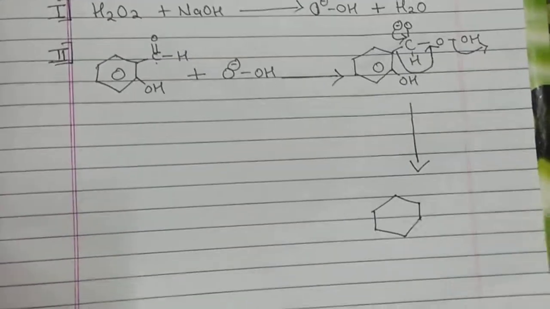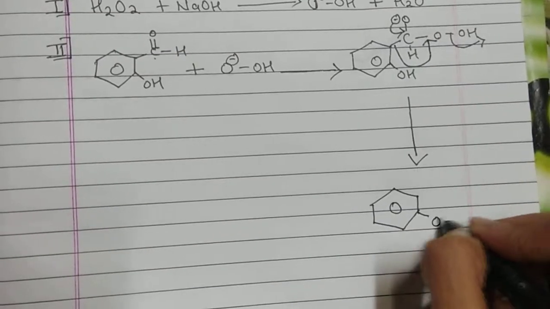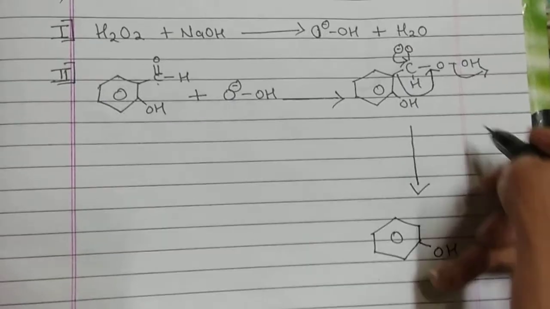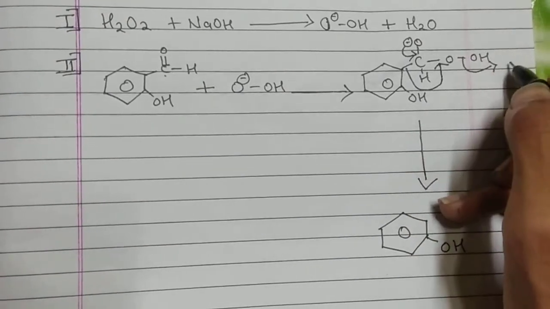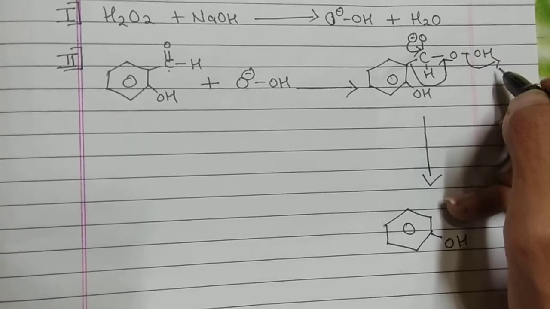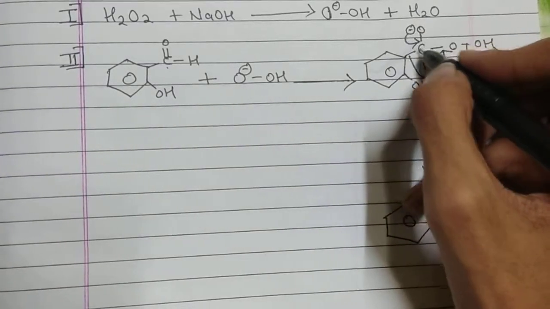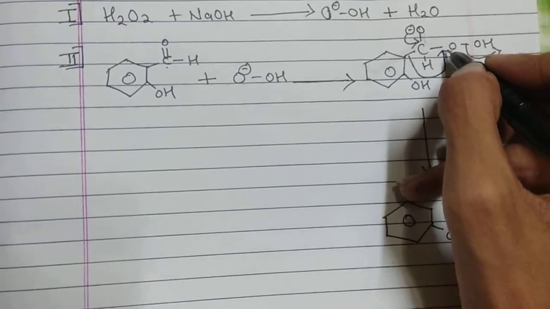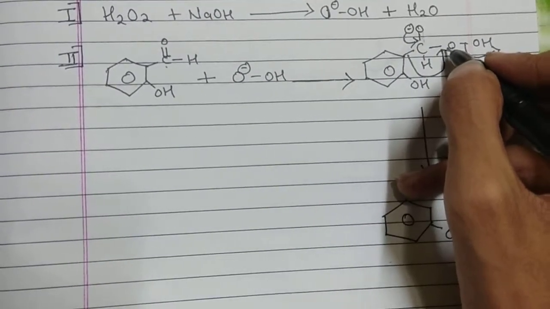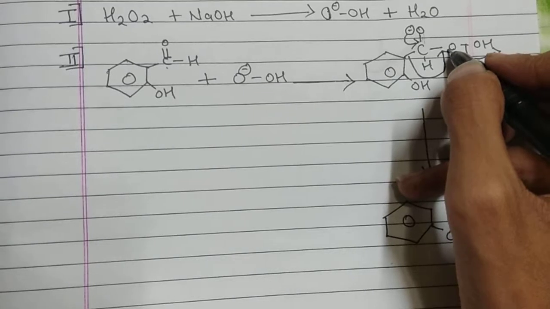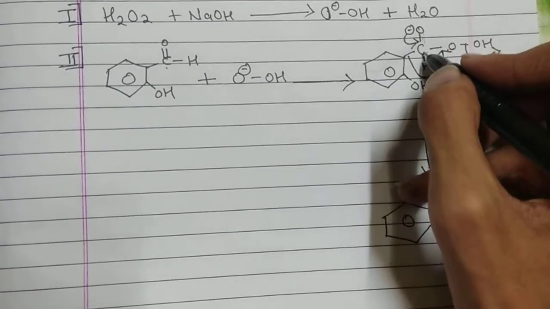We have a benzene ring as it is. The downward OH will be as it is. So what happened in the previous step was this OH was going. So we'll not write this OH in this place. And this oxygen will form a double bond with the carbon. And this oxygen has a lone pair and a negative charge. So this oxygen has more electronegativity than this carbon.